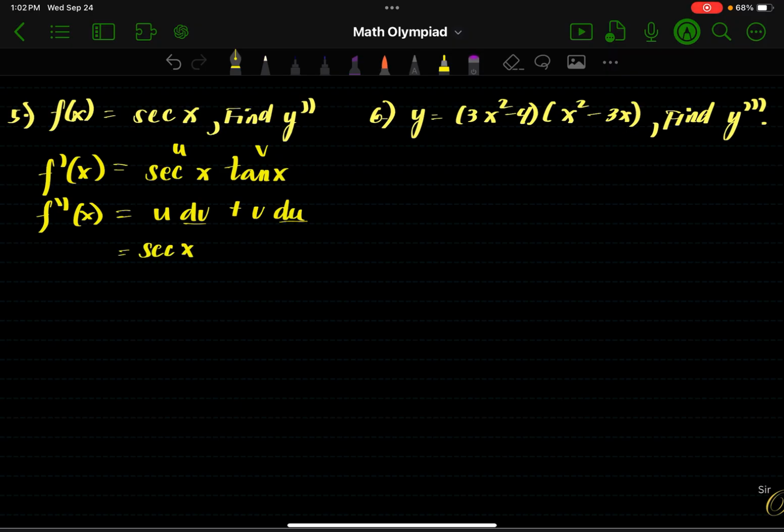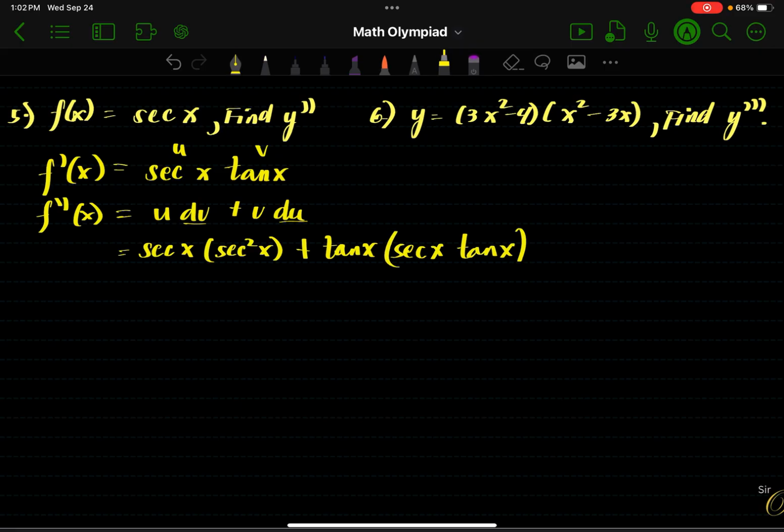Okay, so what is our u? Secant x. Then the derivative of v, the tangent, is secant squared x, plus copy v, the tangent x, times the derivative of u, which is secant x tangent x.